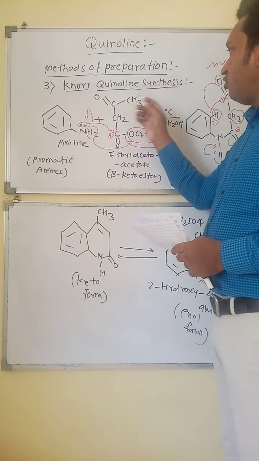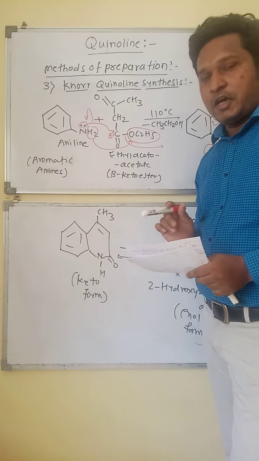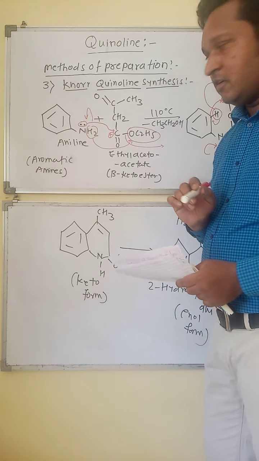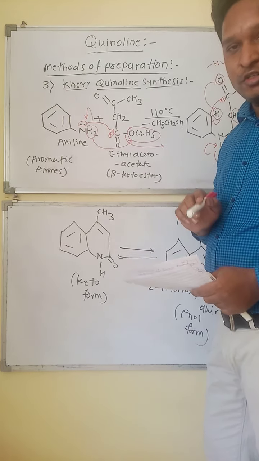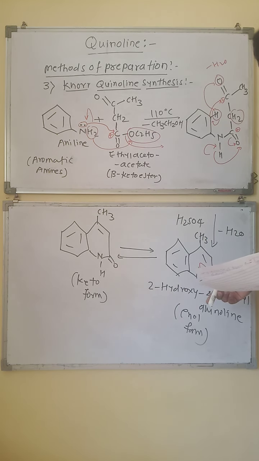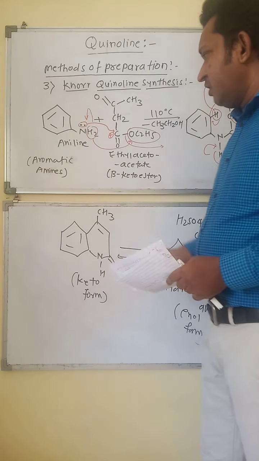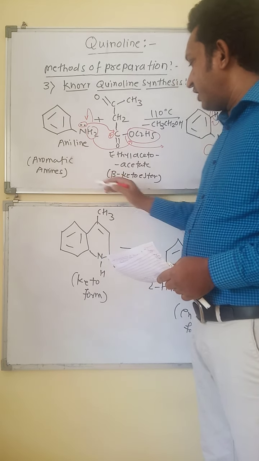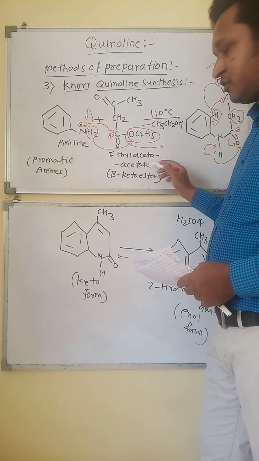Nor-quinoline synthesis involves the condensation between aromatic amines and beta ketoesters, and we get a cyclic structure. Finally, we get a derivative of quinoline. An example of an aromatic amine is aniline, reacted with a beta ketoester, ethyl acetoacetate.